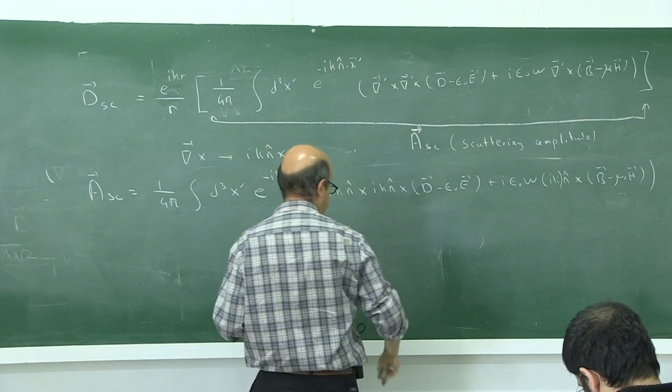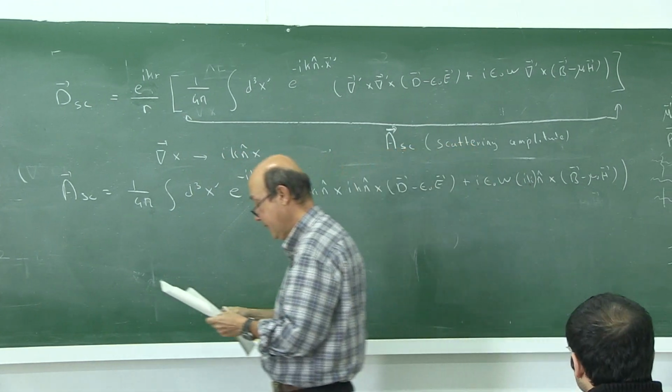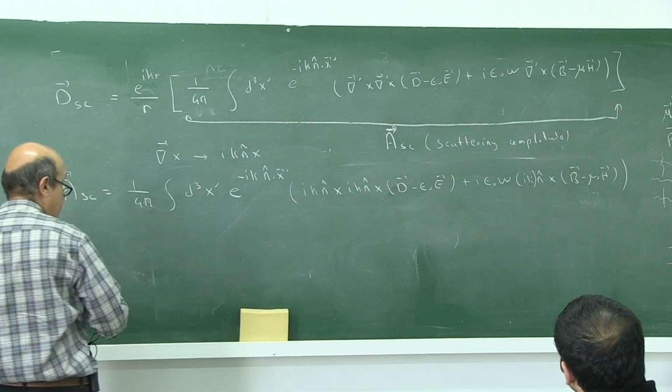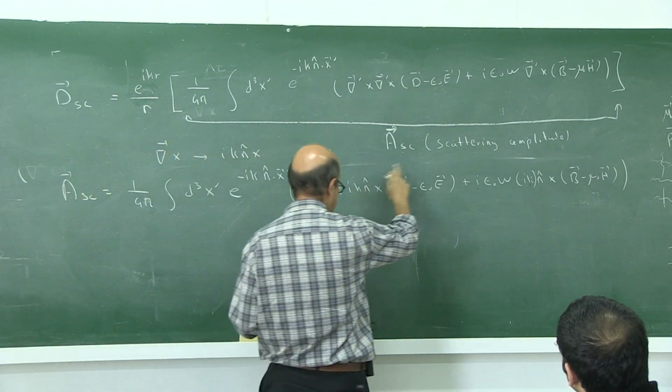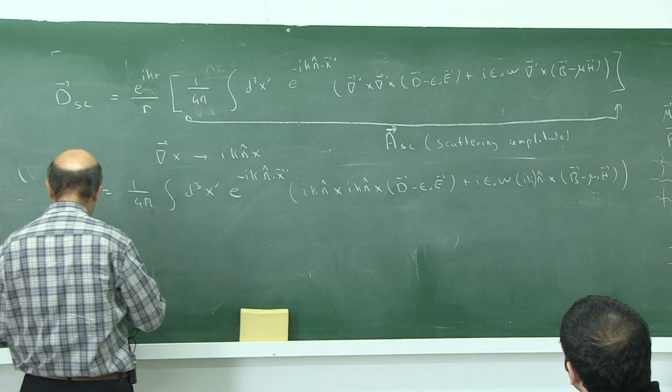So i and i will make minus, and since it is minus, switch the cross product order, make one more minus and make it positive.